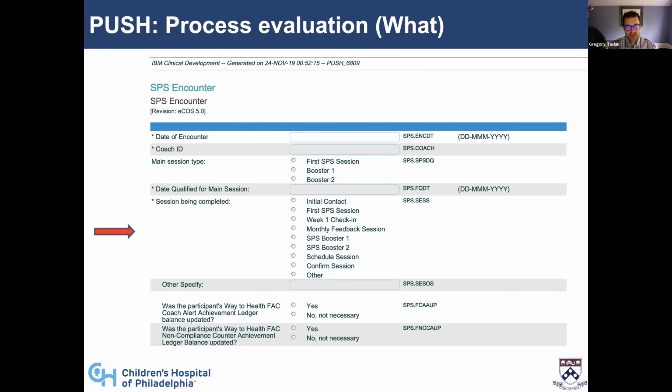These are case report forms that indicate simply the stage of structured problem solving: whether it's the first session, whether it's a feedback session where they're reviewing progress, or whether they need to reinitiate the whole approach of structured problem solving from the beginning, if that identified solution just didn't work and we have to restart it.